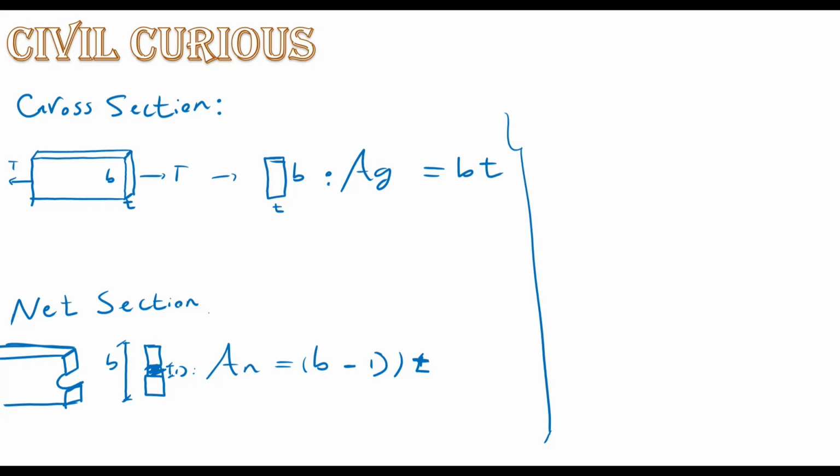For example, let me write that we have an M16 bolt. So the value of the hole would be 2 millimeters greater than the value of the bolt.